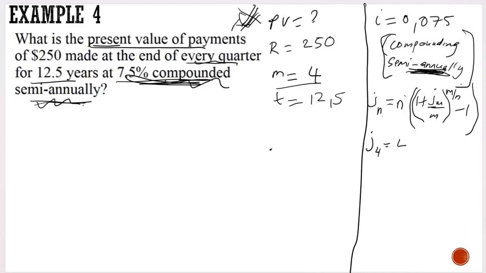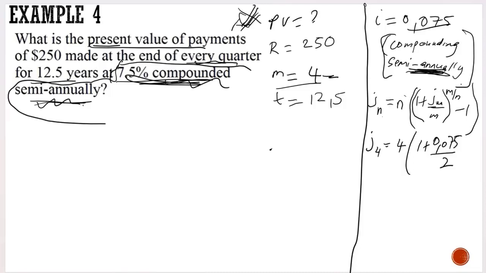Now we've got our N, which is 4, equal to 1 plus JM. Our JM is this interest rate, which is 0.075, whereby our M is semi-annually, which is 2. I'm looking for the M of the interest rate. I'm not talking about this one. This is the creature that has made us go to the panel beating, so we take this and go diagnose it in the panel beating.